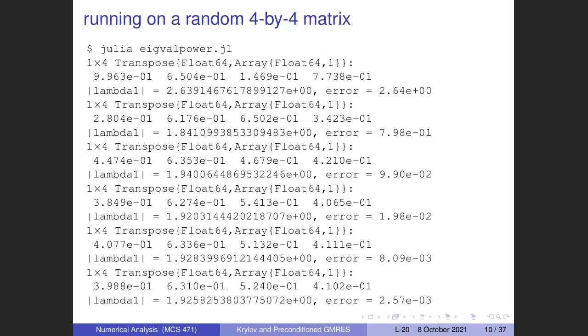Let's run it on a random 4x4 matrix. And what you should check is the progression of the error. You see the error goes from something that is 2 point something to an exponent that is 10 to the power minus 3.